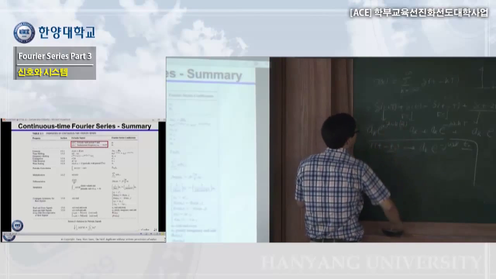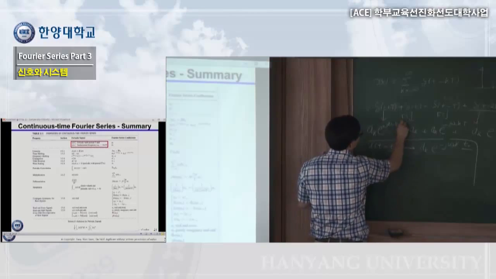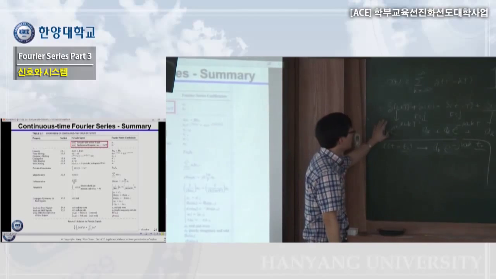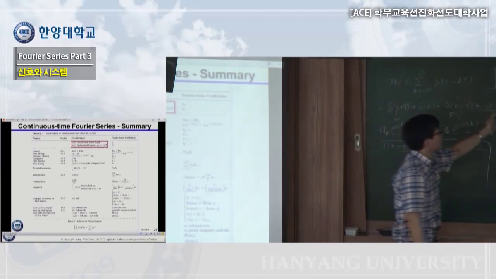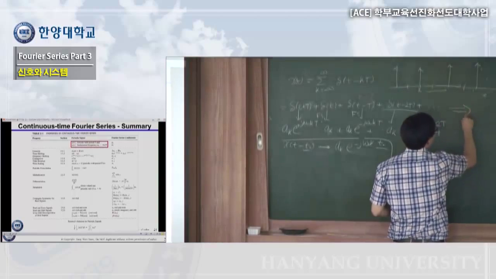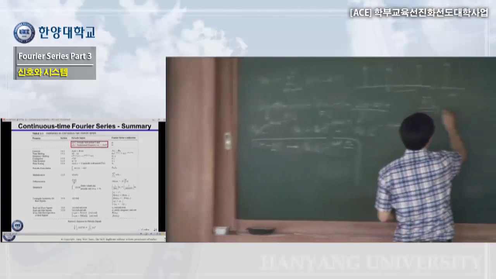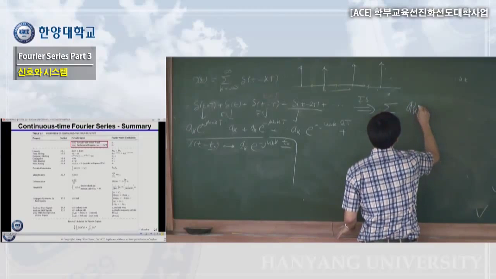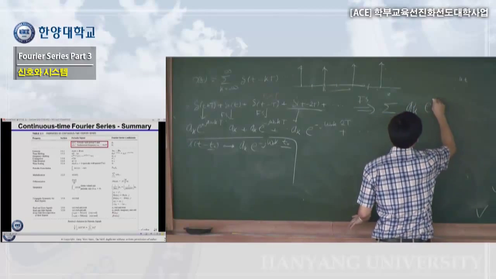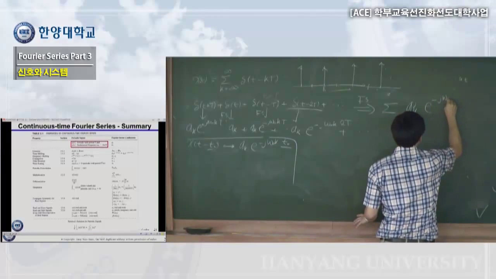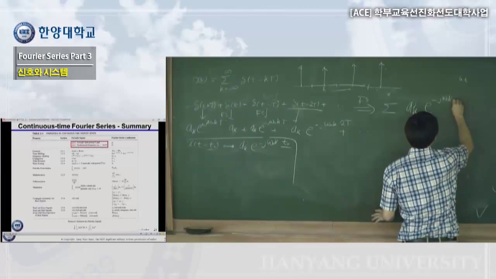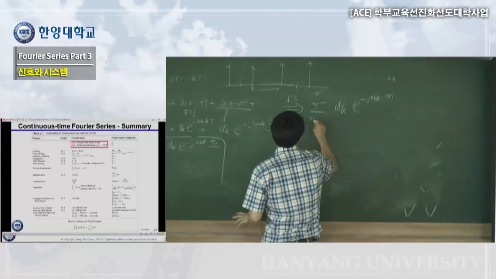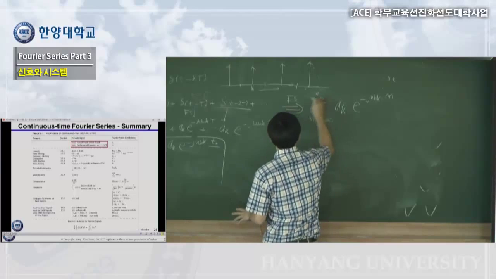So that will look like plus j omega 0 kT. So the Fourier series coefficient of this one will look like a_k times exponential minus j omega 0 k, which is the same, but this one changes. Say this is m. m changes from minus infinity to infinity.